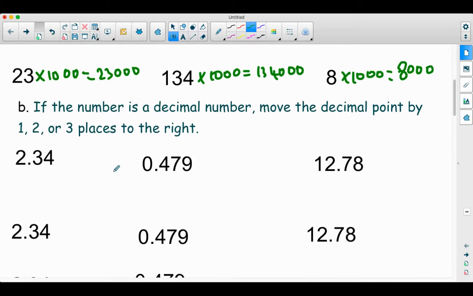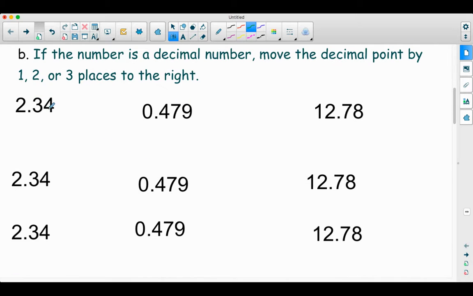Now, if the number that you are multiplying by 10, 100, or 1,000 is a decimal number, you need to move the decimal point by 1, 2, or 3 places to the right. For example, 2.34 times 10.